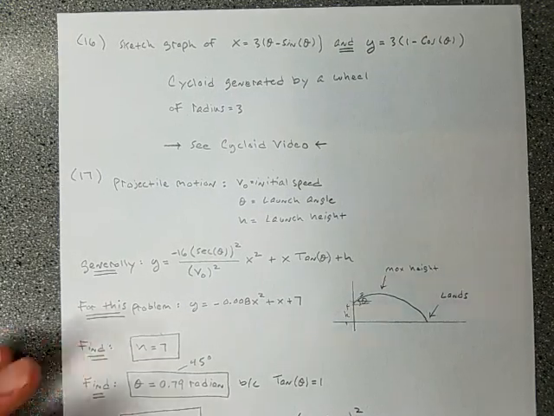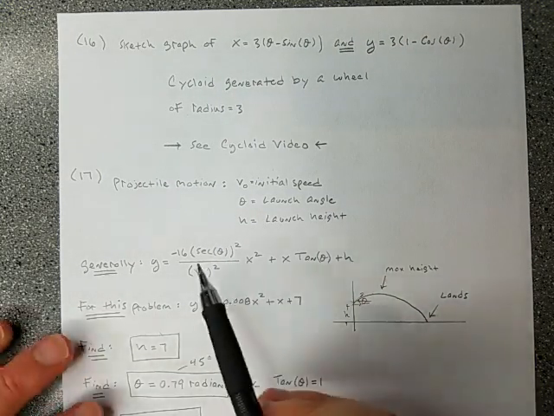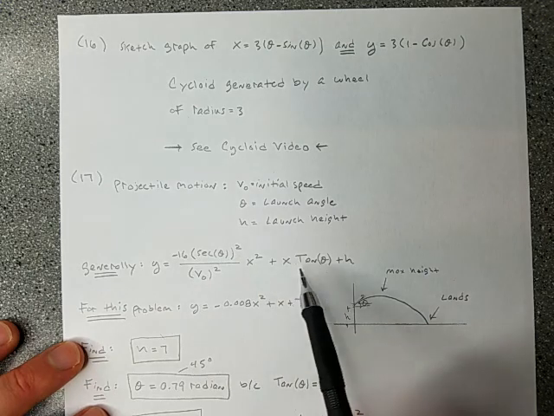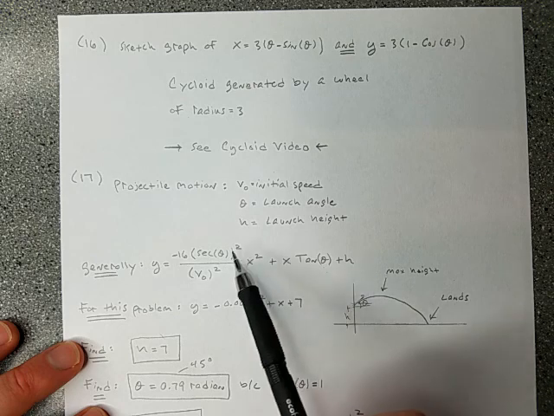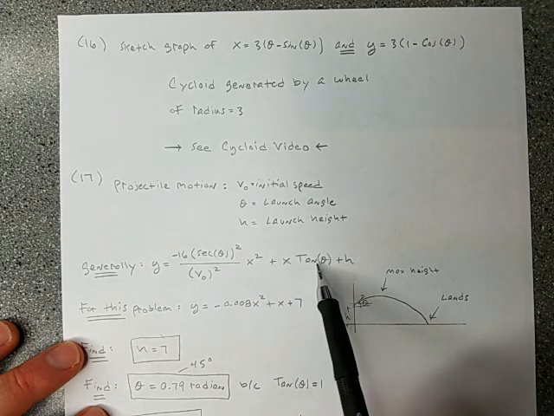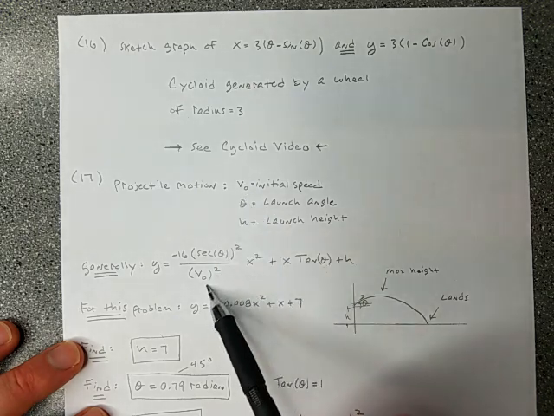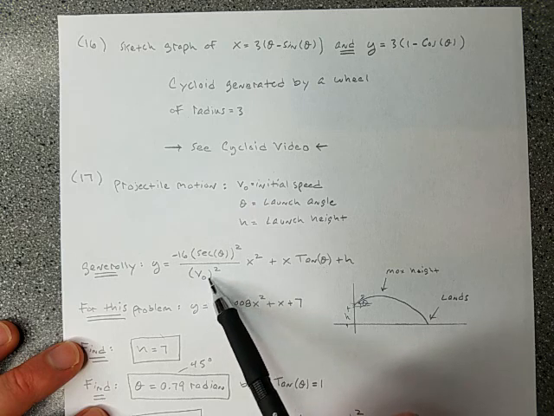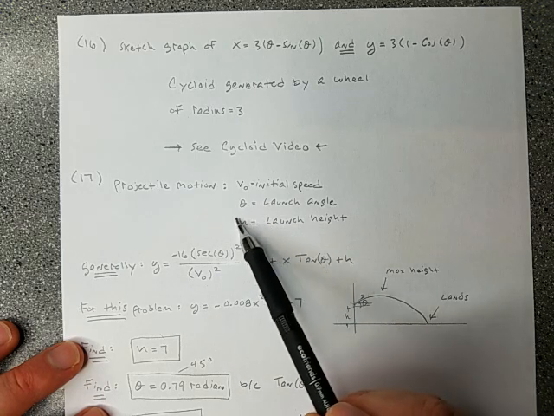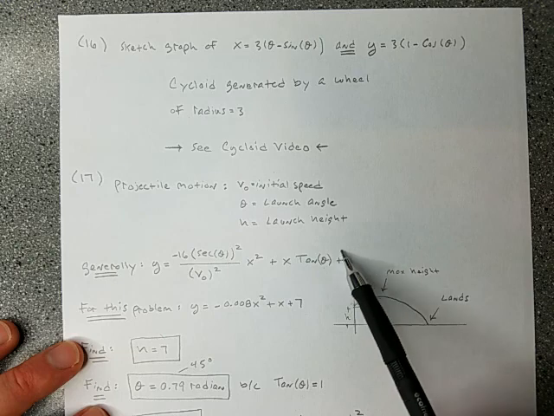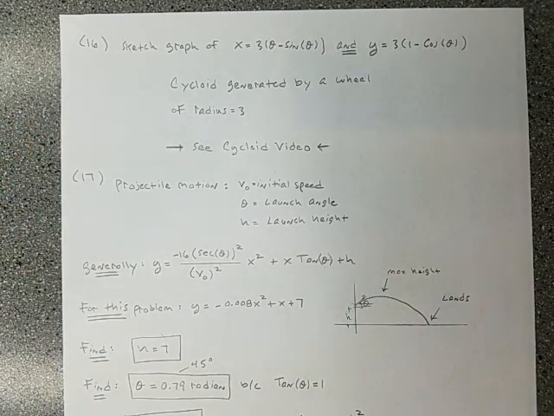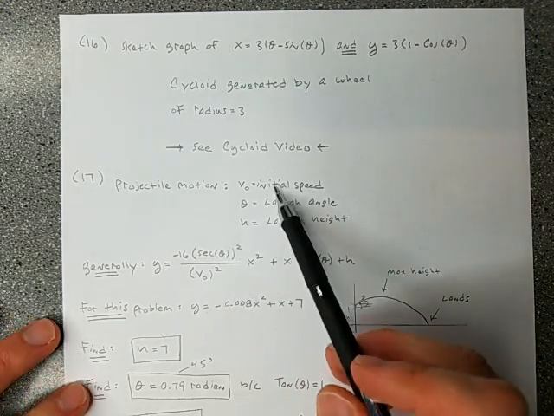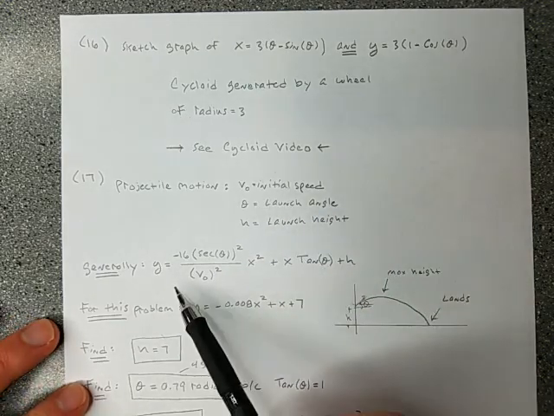That's what all that is. In general, this is how that information factors into the equation. The angle is incorporated like that, secant and tangent. The initial speed is incorporated down here, v naught squared. And the height that it's launched from is incorporated here. So in general, that's how the information about projectile motion factors into the equation.